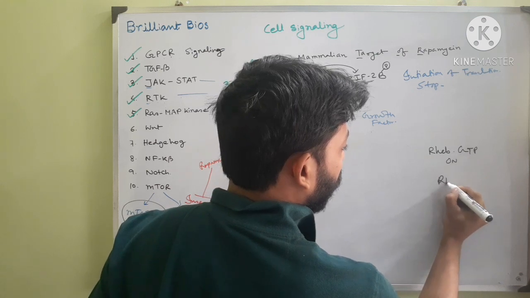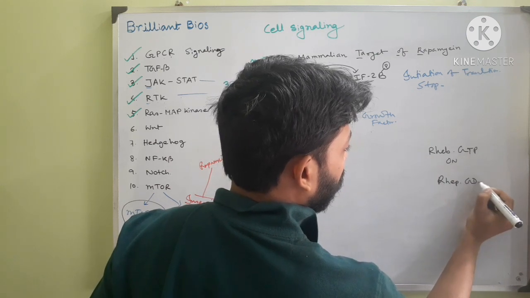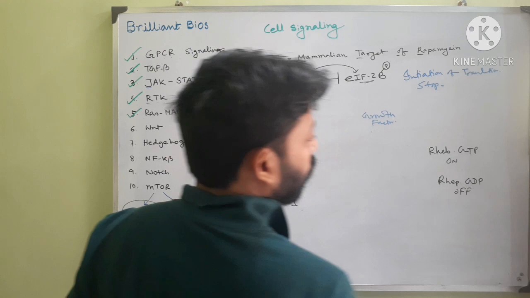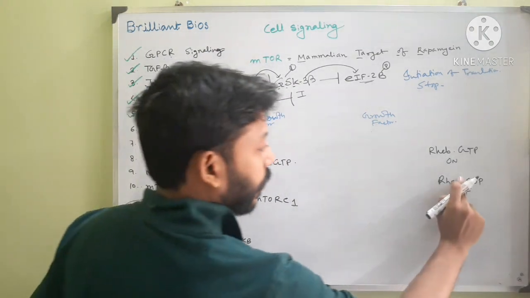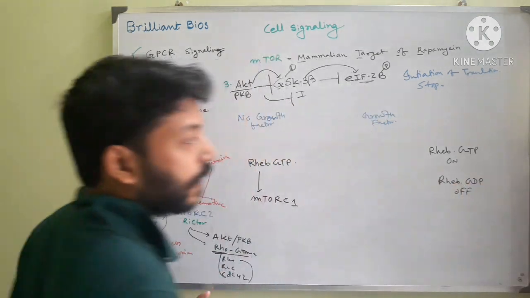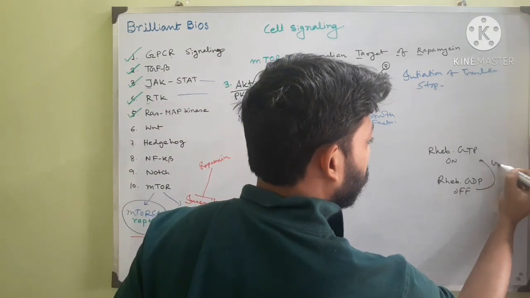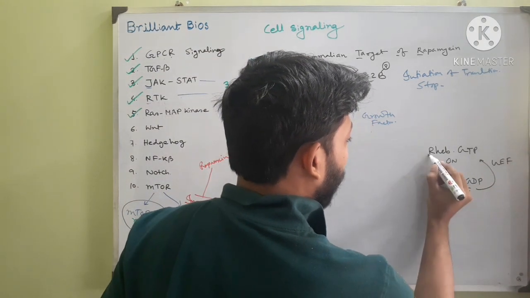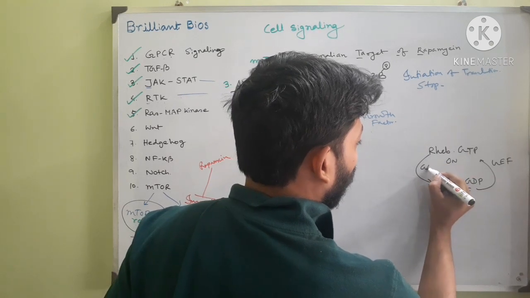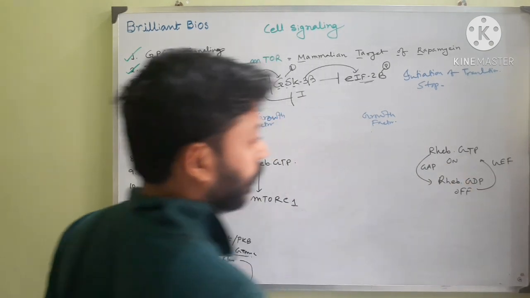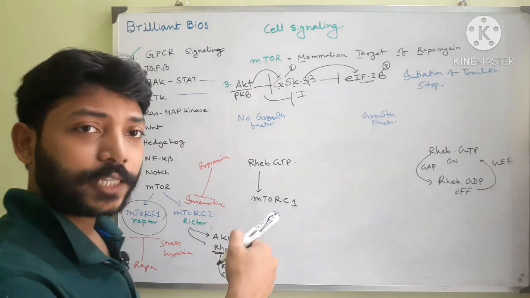The same RHEB, when associated with GDP, it is off. So there should be a GEF and GAP. GEF means those that transfer this, and GAP means those that convert the GTP to GDP. So GAP is actually the inhibitor.